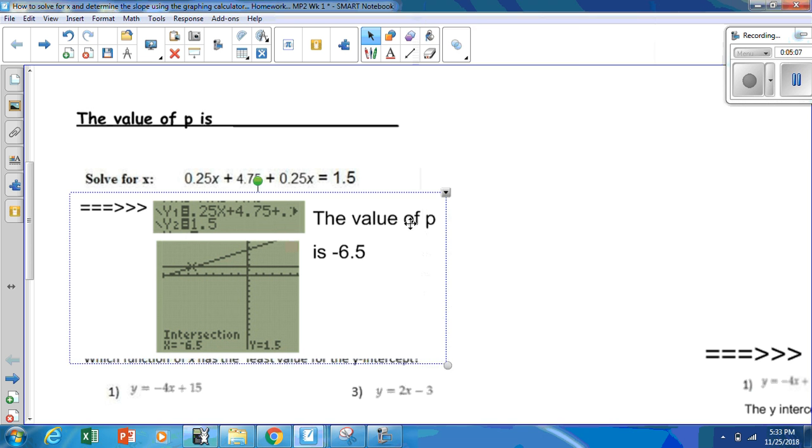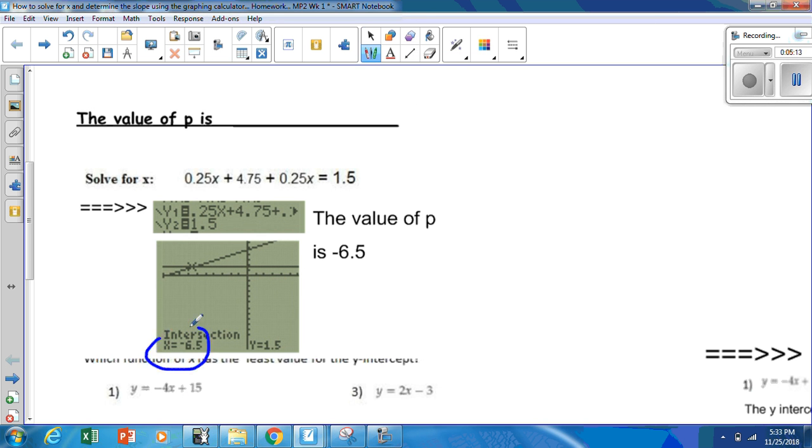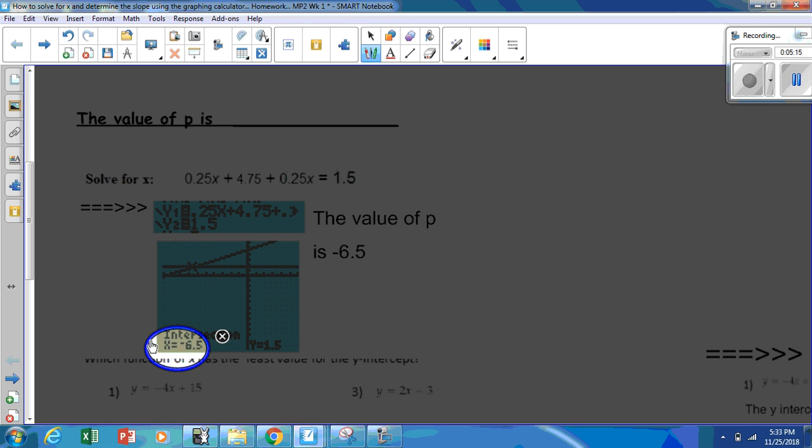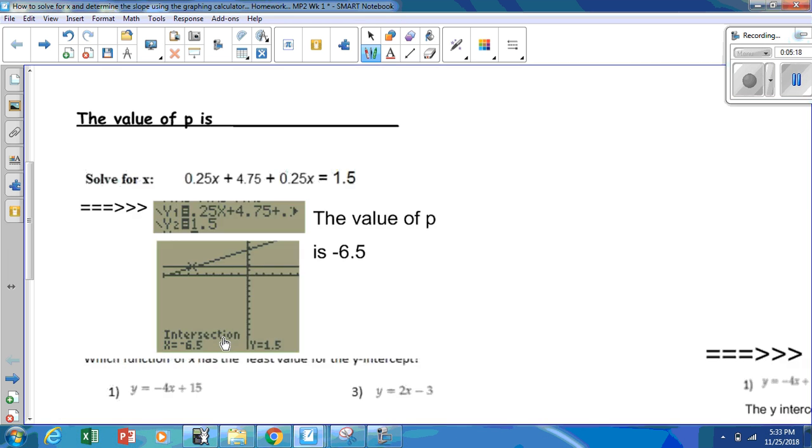The intersection point is negative 6.5. So at negative 6.5, both sides of this equation are equal. Okay, so my answer, negative 6.5. All right.